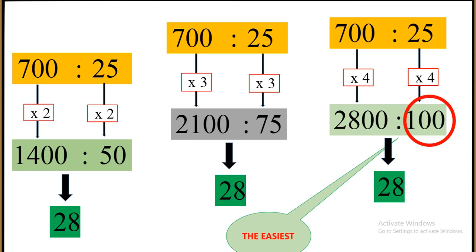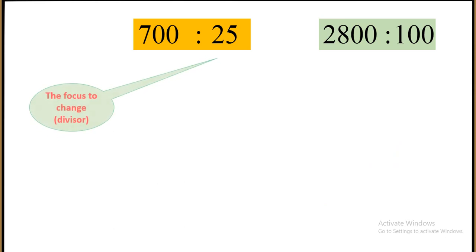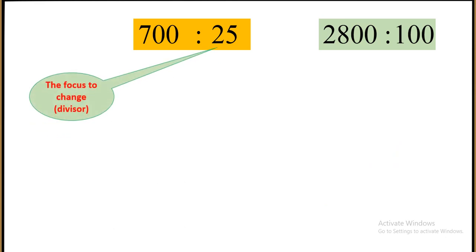So the central point is to see the divisor, in this case 25. How to make this divisor the easiest one to divide by. So in this case, we look at the relationship between 25 and 100.